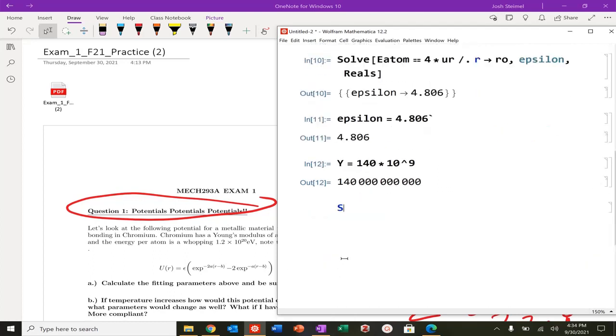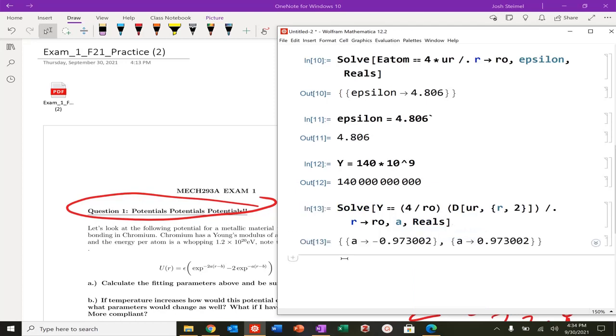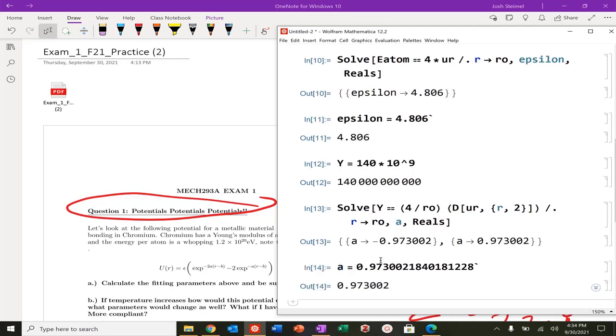I can solve Y set equal to Z over 2, so it's basically 4 divided by R naught times the second derivative of U of R with respect to R, with R going to R naught. And then we're solving for A reals. I get the positive value because I can't have a negative inverse, and this is an inverse meter, so that's my A.